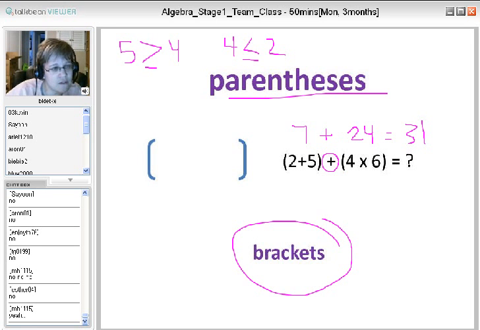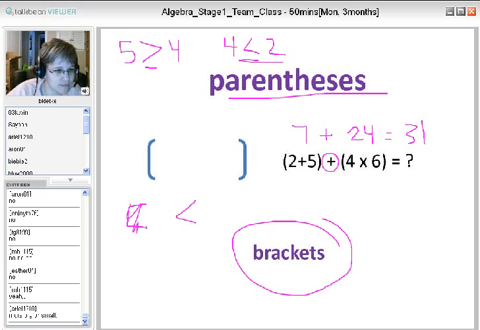Okay, so individually means greater than or less than, but the way you typed it in the chat box, you don't normally see them used like that. Okay, does that make sense, David? Yeah? Okay. Right, Ariel, right. It means greater than, more big. So 5 is bigger than 4, and 4 is smaller than 2.